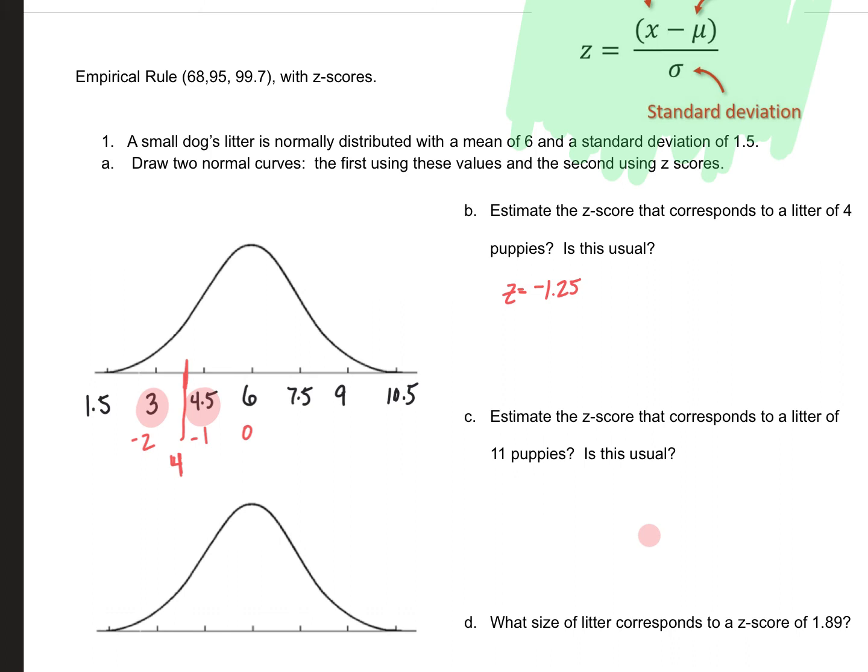So our z-score estimation might be -1.25, and we could break that down even further and say, well, it's a 0.5 point from 4, and it's a full point away from that.